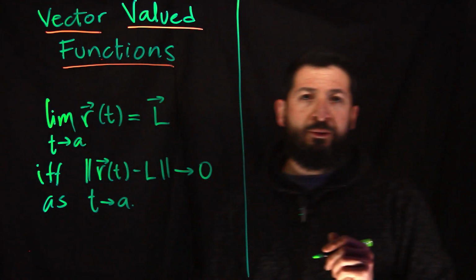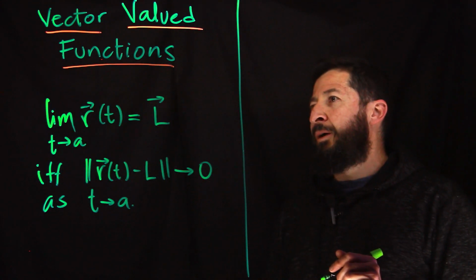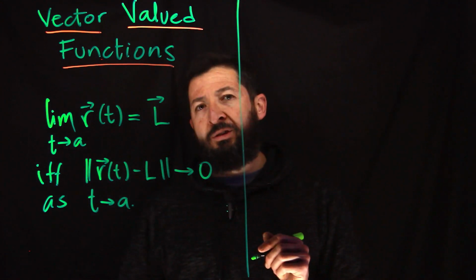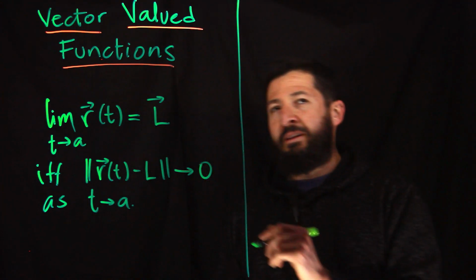And now, that of course would be our definition, but how do we actually compute them? So this is a theorem that you would end up having to show with this definition.